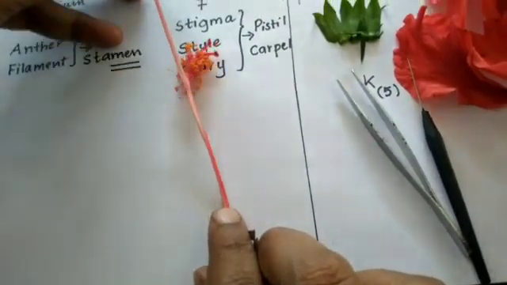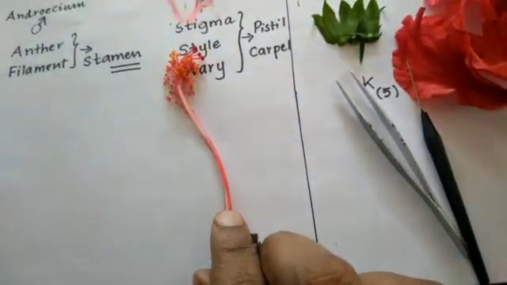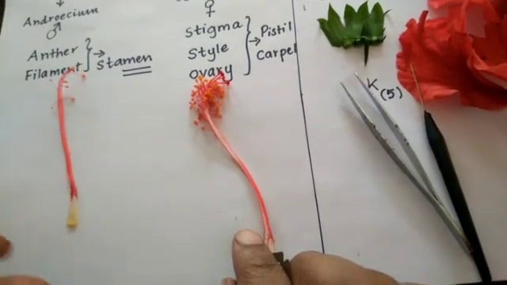I am separating the androecium part from the gynoecium. This is the androecium part.